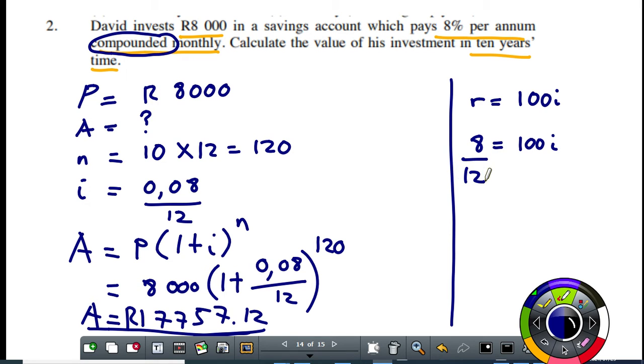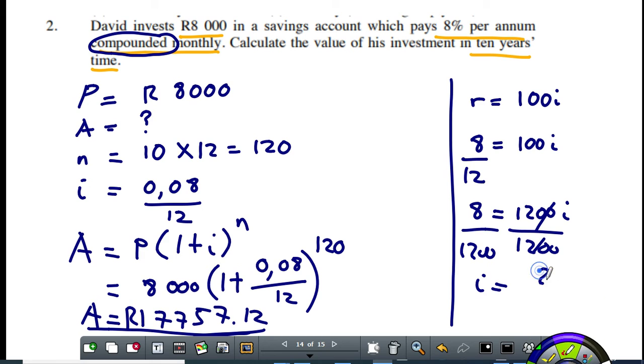Are you following? Then if you cross multiply, you get 8 equals 1,200 I. Then you divide by 1,200. And then you get I equal to 8 over 1,200. But in my case, I don't prefer to do this.